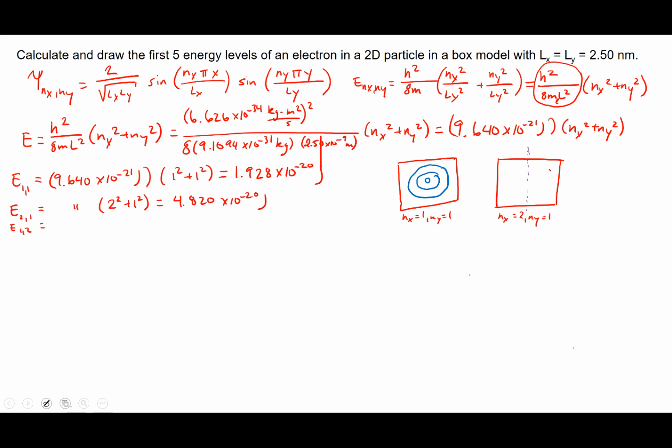If we're drawing our topographical map, looking at it from the y direction, it's simply going to be a single hump, because ny is equal to 1. But if you're looking at it from the x direction, you're going to have two parts to it, the top and the bottom. When you rotate it, it looks like you have a hill and a valley along those directions.